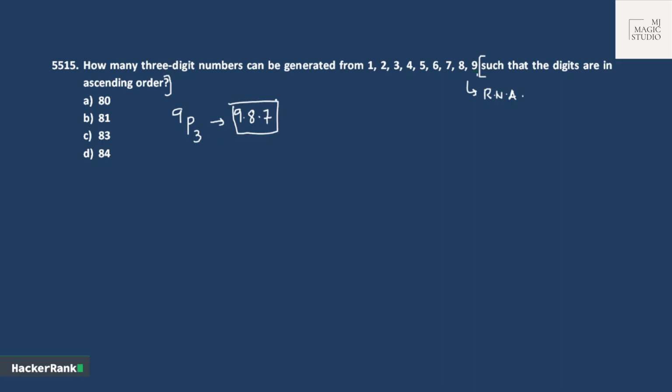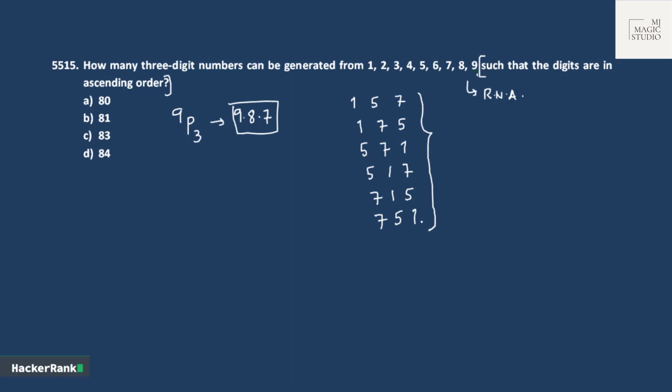Now, look here, in 9 into 8 into 7 ways, we are having 3-digit numbers. Suppose the 3 digits which we have are 1, 5 and 7. So with 157, I can also have 175, 571, 517, 715 and 751.